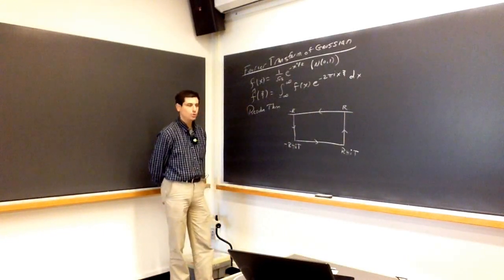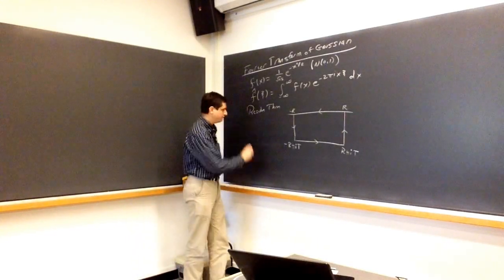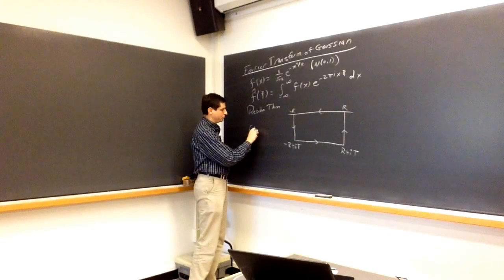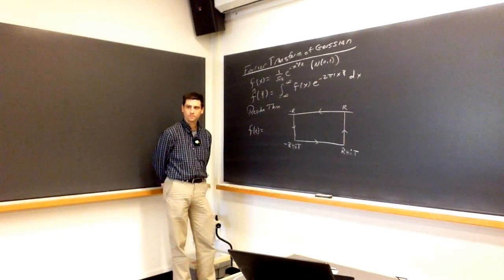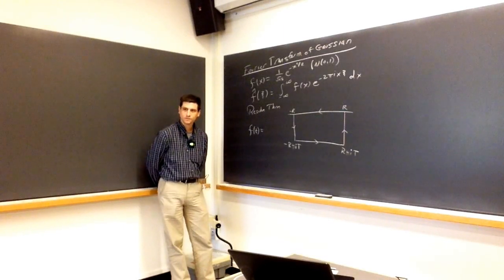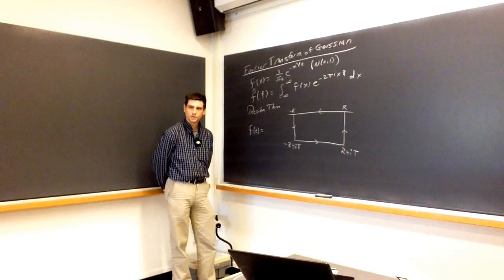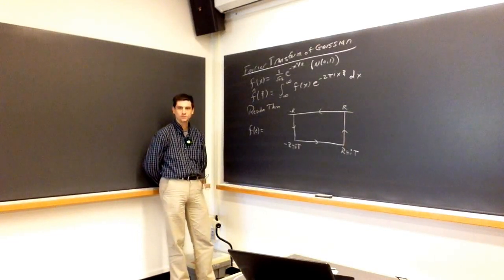Okay, so when we're doing contour integrals, we need a function to integrate. So we need a function f of z. Any suggestions for the function f of z? It should reduce to something we know when z is real.